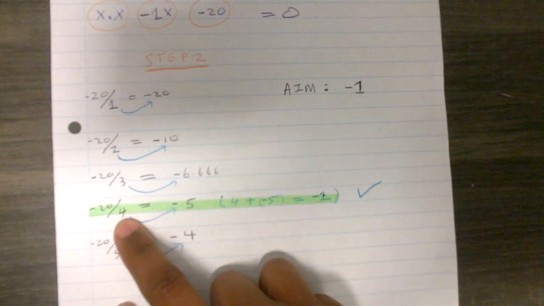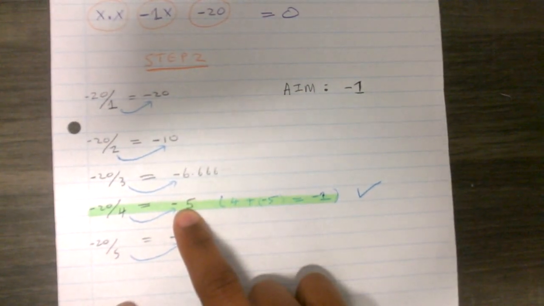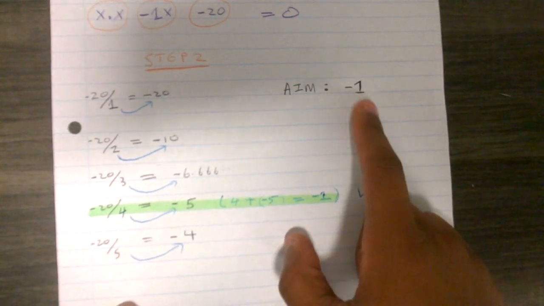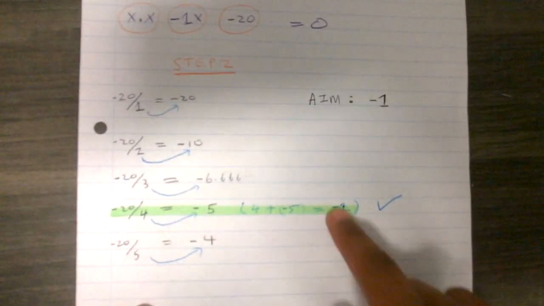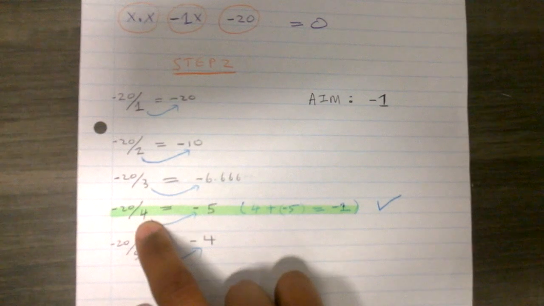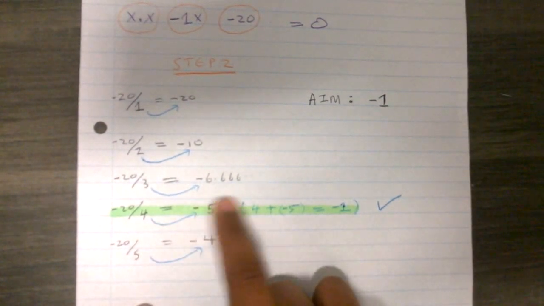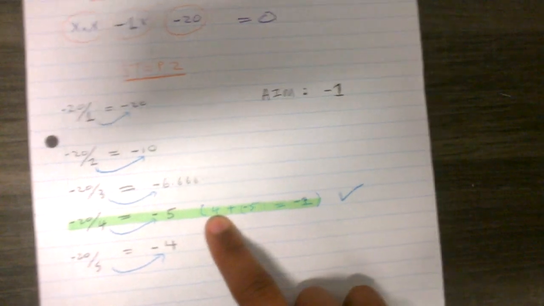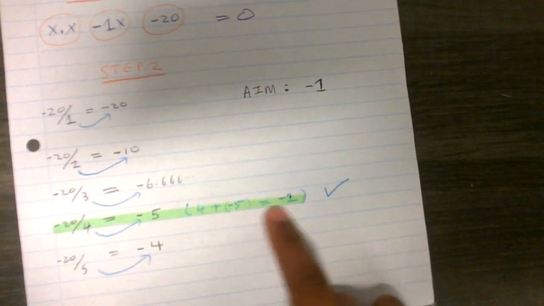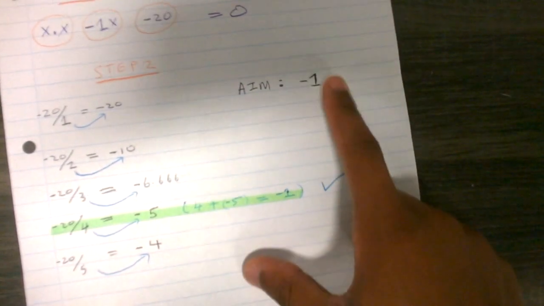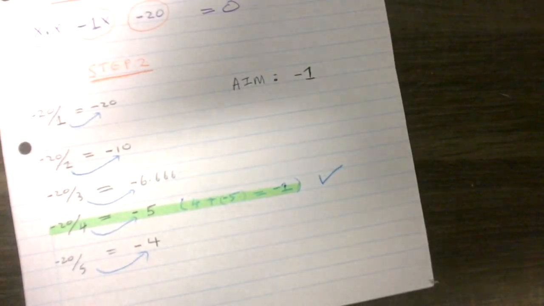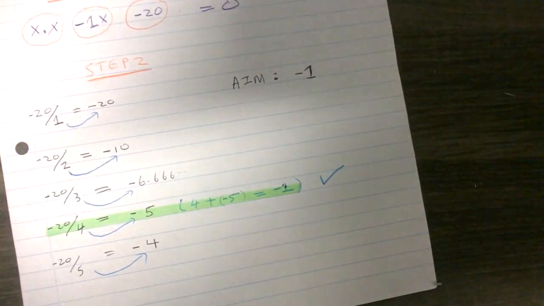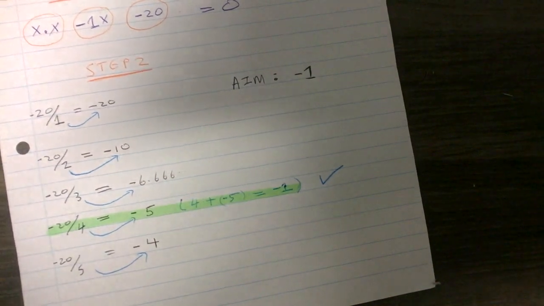But note that 4 plus -5 does give you this -1. So that means you're going to use this one: whatever you divided by, plus this output. Can you see? 4 plus -5 gives you -1. You've reached your aim. So let's continue and go on to the next step, step 3.